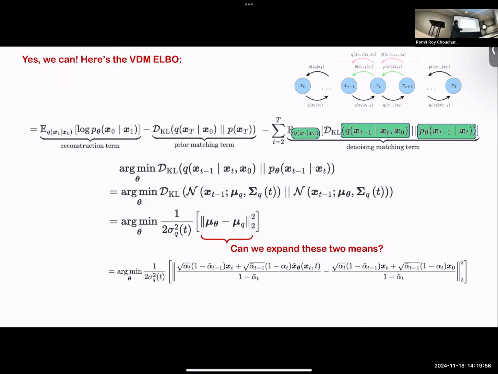Now, our mu theta here, the denoiser only gets access to the noisy image. It does not have an end goal. So what can you do? The denoiser can say, how about I take a guess at your final image, which is x0? So you can see the first term is the same.